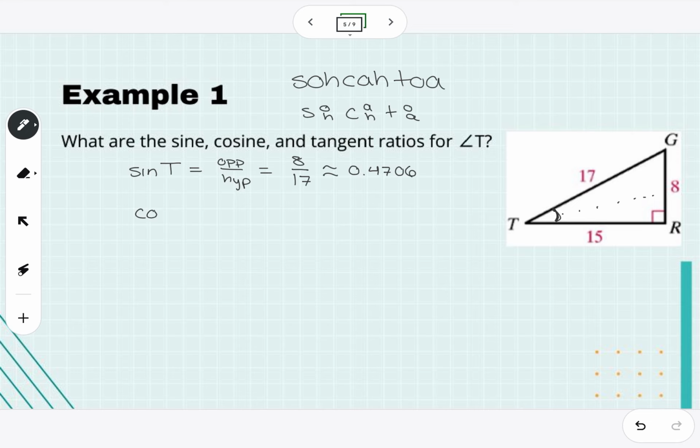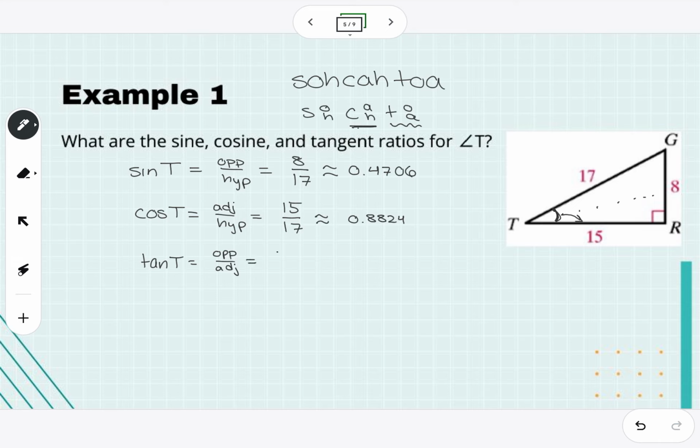What about the cosine? What's that ratio? Well, going back to SOHCAHTOA, cosine is adjacent over hypotenuse. Our adjacent side would be right next door, so that's 15. Our hypotenuse is 17. If you plug that ratio into your calculator, you'll get 0.8824. And then tangent of T, going back to SOHCAHTOA, tangent would be opposite over adjacent.